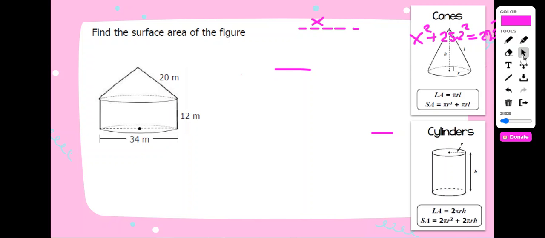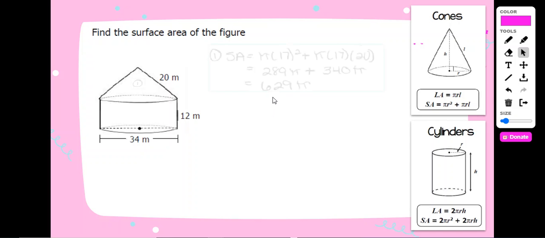All right, last thing we're very briefly going to go over is how to find the surface area of a figure that is a compound figure. And anytime you're working with irregular figures, your strategy should be to break it into its composite shapes, of which we have here a cone sitting on top of a cylinder.